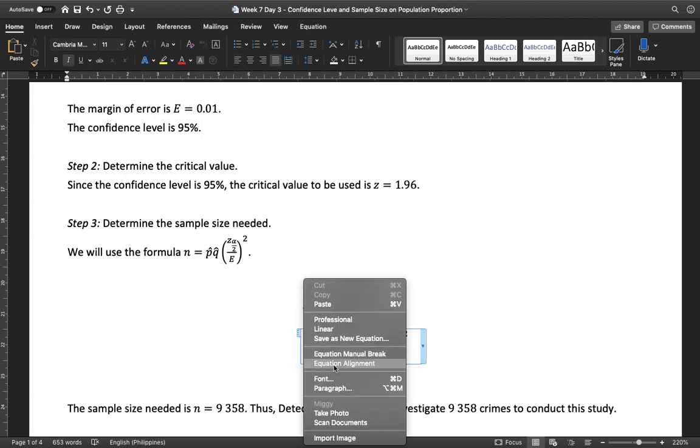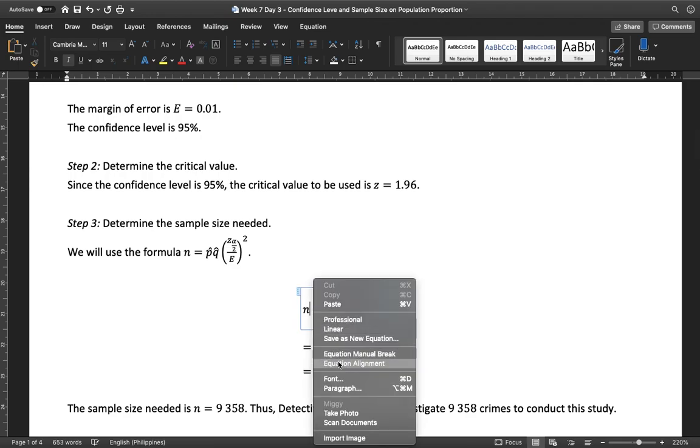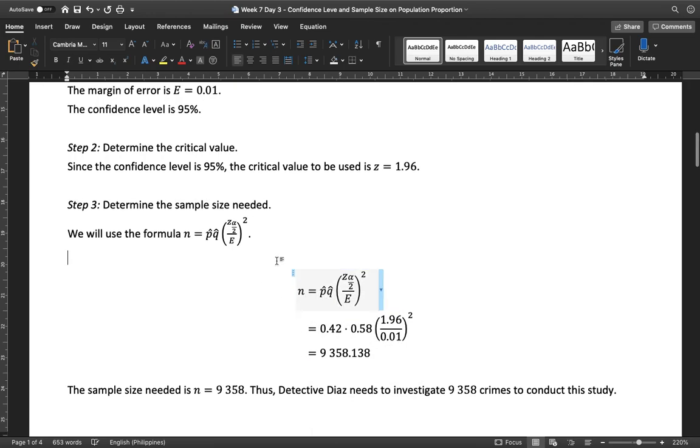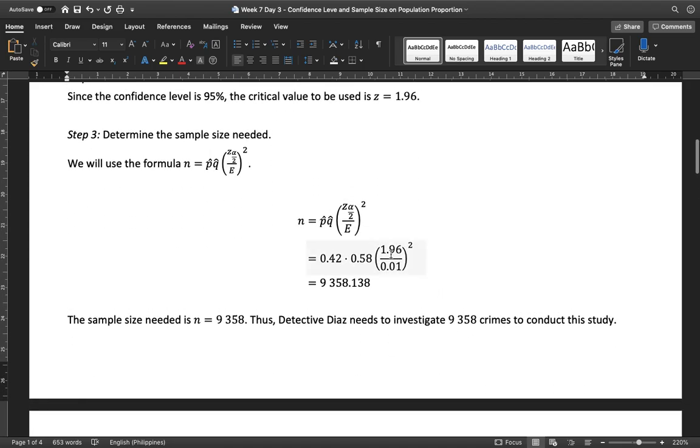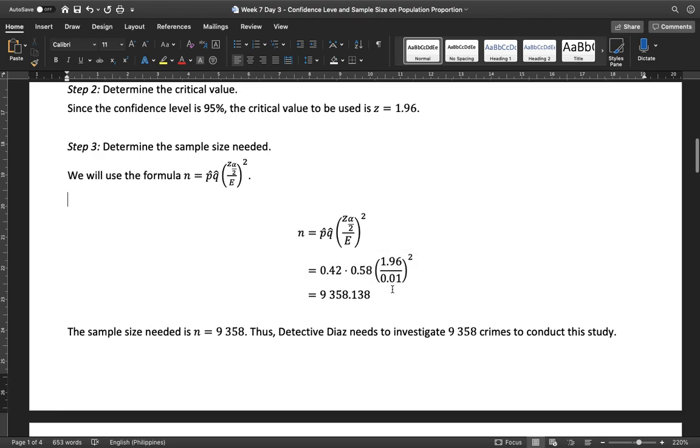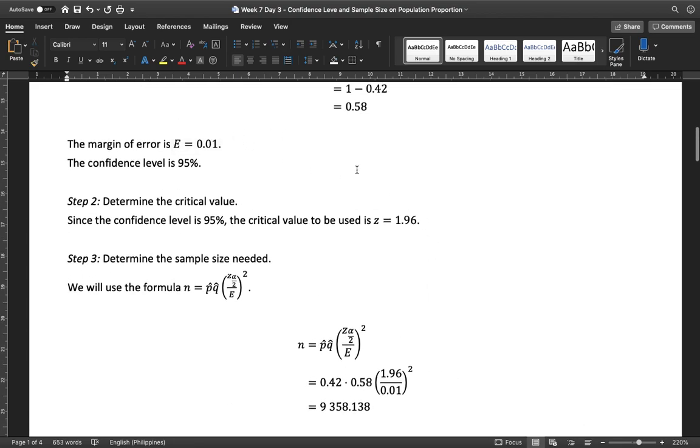Hindi ko pa na-arrange ito. Wait lang. Yan. So how do we do that? We have here n, the sample size, that's equal to p hat times q hat times the critical value over the margin of error, squared. So, p hat is 0.42. q hat is 0.58. 1.96, that's the critical value. 0.01, that is the margin of error.